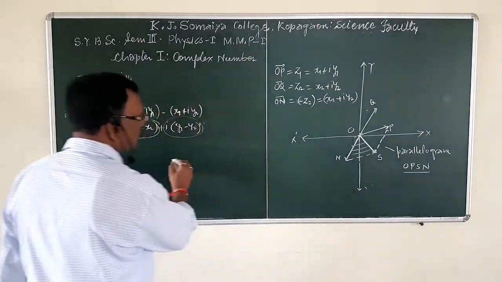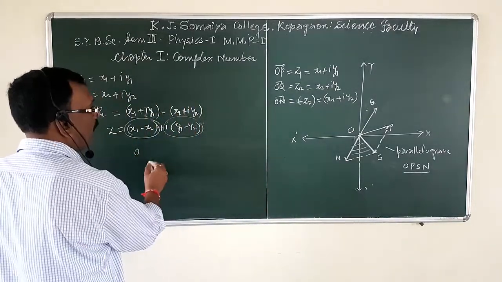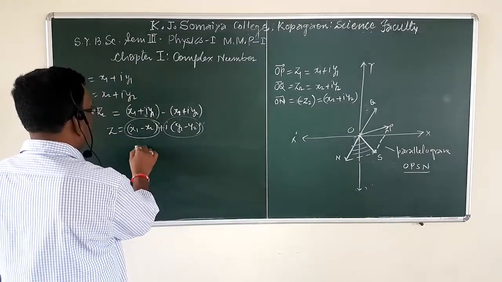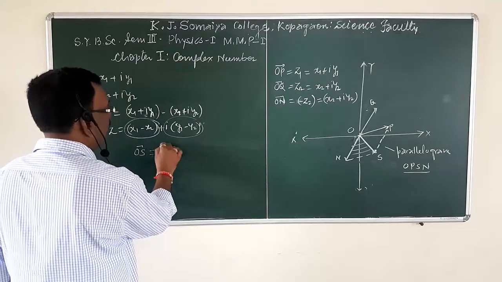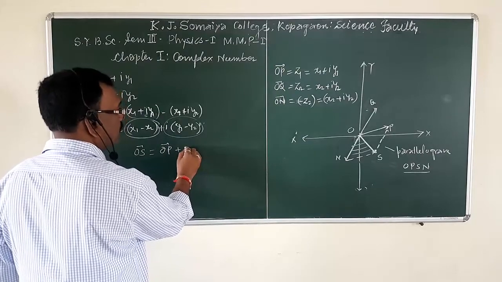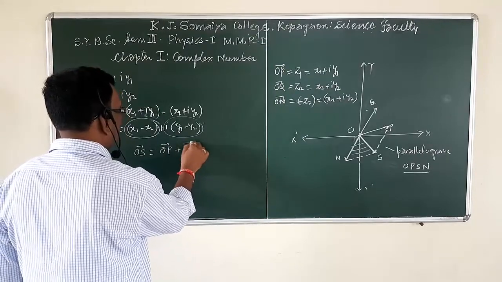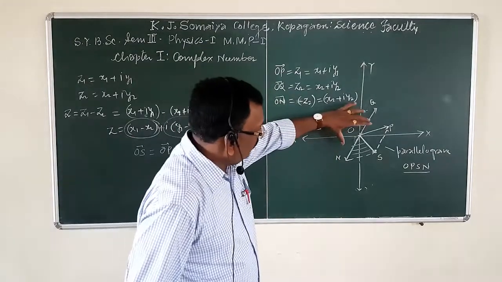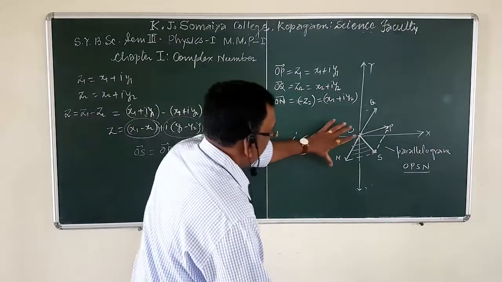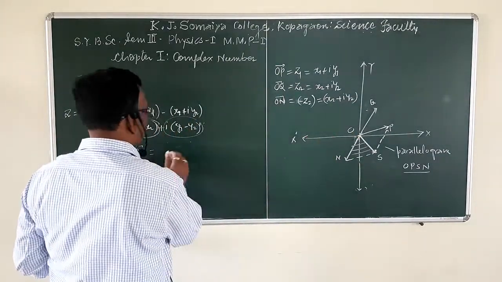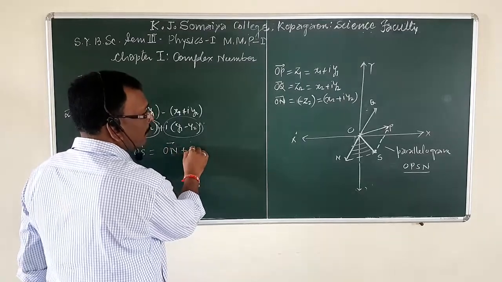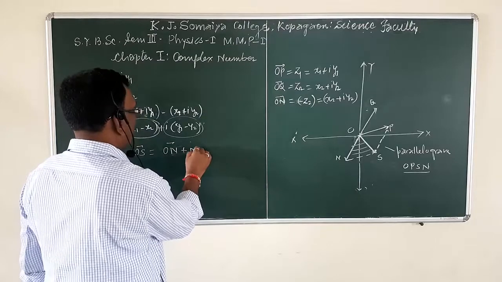Therefore, according to the law of vector parallelogram, we can write vector OS is equal to vector OP plus vector NS. But vector OP is nothing but vector ON plus vector NS, correct.